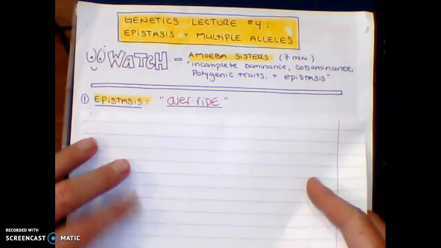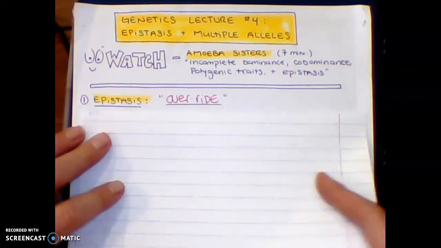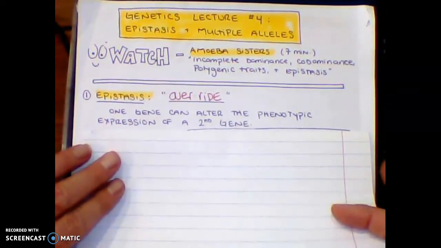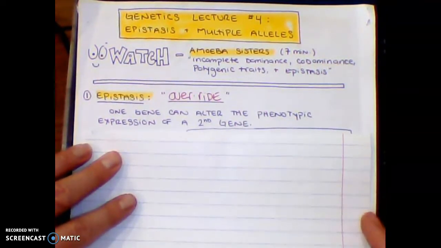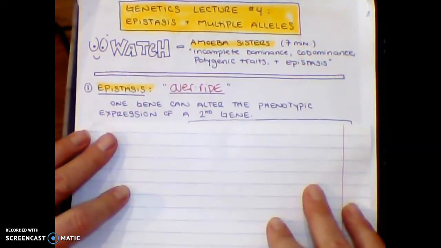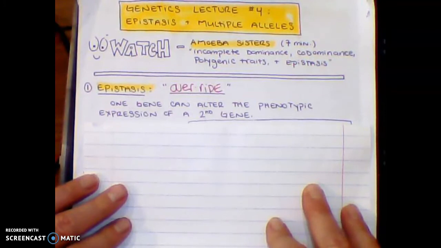So the first thing I want to talk about is number 1, epistasis. Now, epistasis, please write down, means to override. So what we're going to be dealing with here is a gene that you inherit. And remember, a gene is a sequence of letters from your DNA that you inherit that can actually override and alter the phenotypic expression of a second gene.